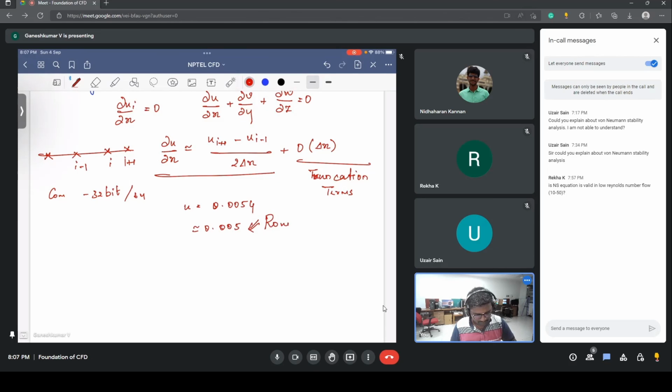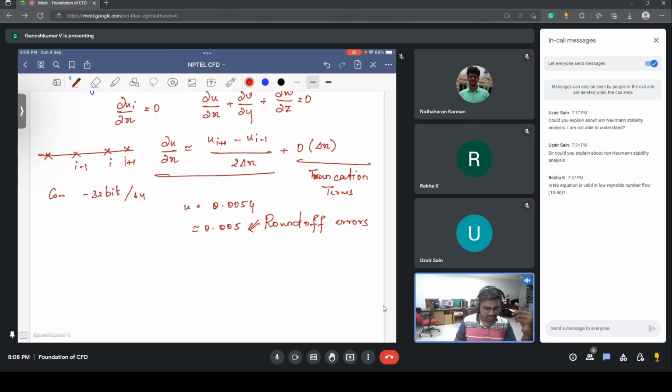I showed you a few digits, but in computers it can go to 17 or 18 digits, so we have to do some round off. These are round off errors.